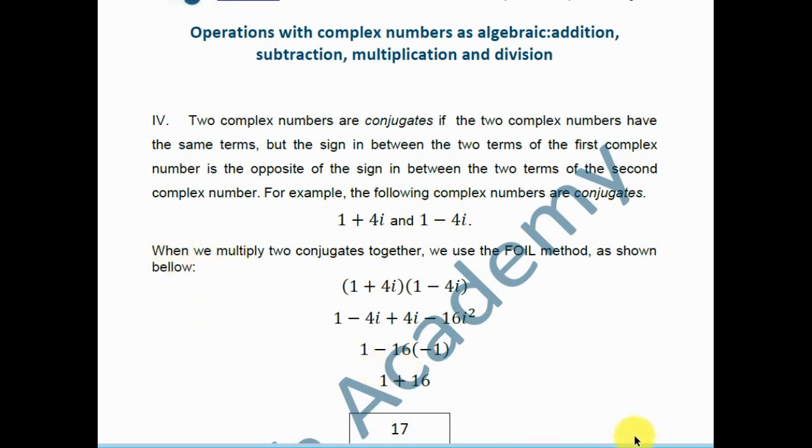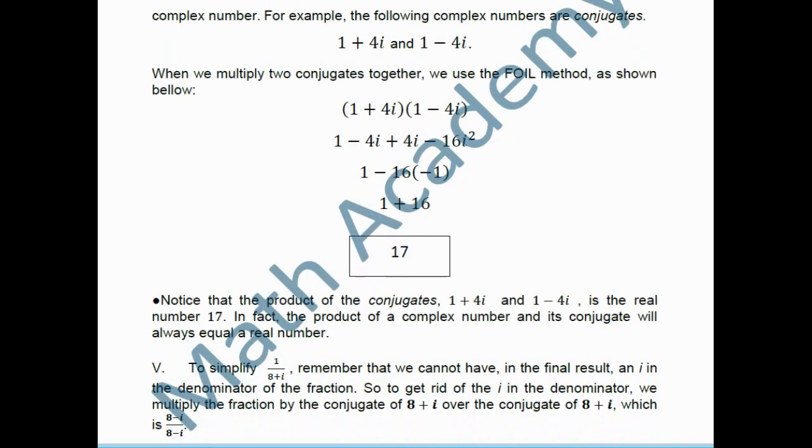When we multiply two conjugates together, we also use the FOIL method as shown below. 1 times 1 is 1. 1 times minus 4i is minus 4i. 4i times 1 is 4i. 4i times minus 4i is minus 16i squared.